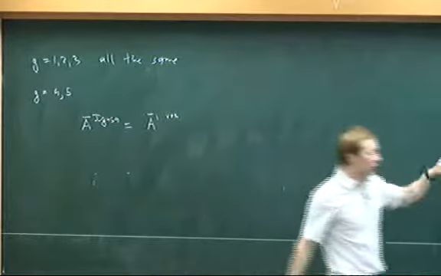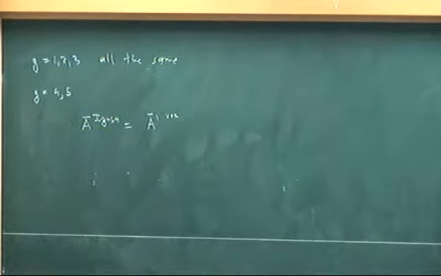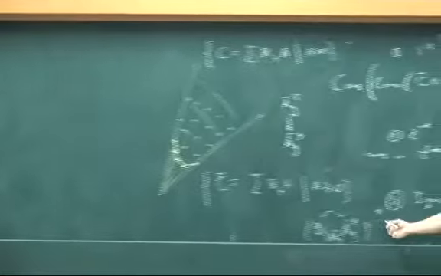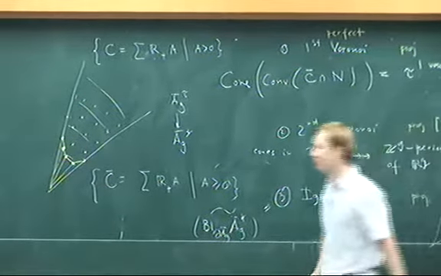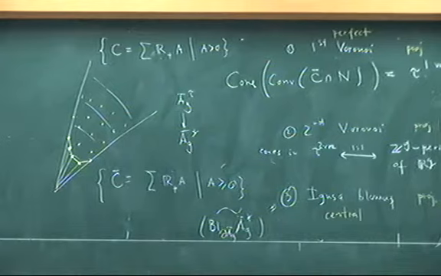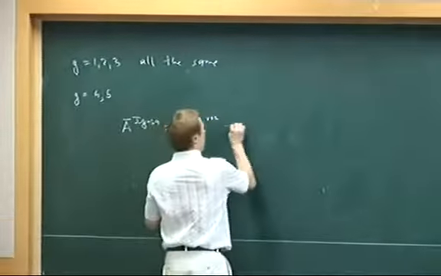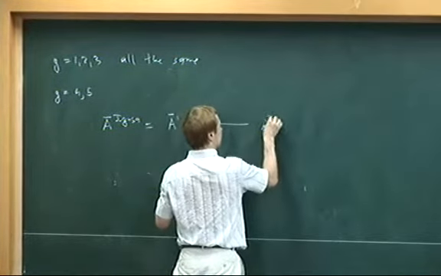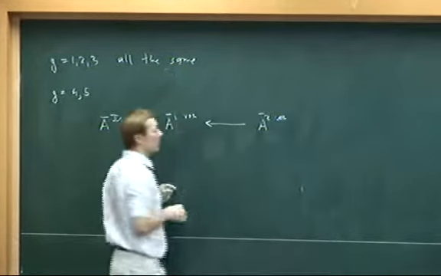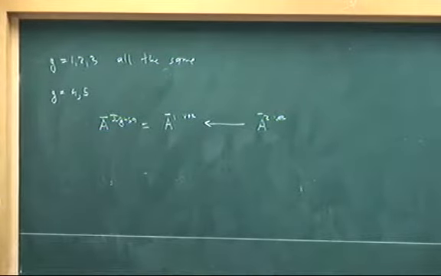By the way, it's called the Igusa blow-up because you look at the Satake and blow it up along the boundary. That's the blow-up, and then you normalize. And this is the fan you get. So for g equals 4 and 5, these two coincide, and the second Voronoi maps to it. The second Voronoi fan is a subdivision.